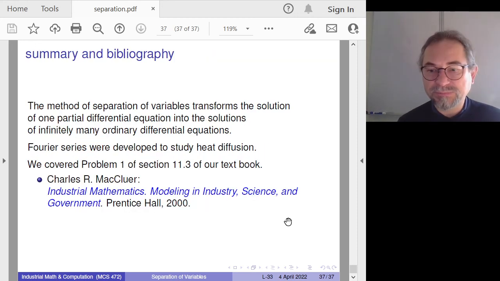Okay, so I'm at the end. Timing worked out fine. The method of separation of variables brought us to Fourier series. Fourier series are extremely important. We've encountered them appropriately many times in this course. They're a very important tool.